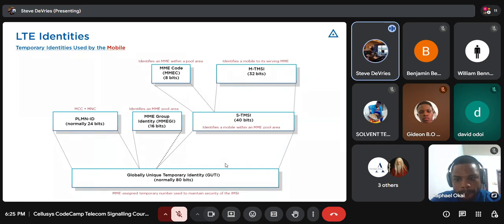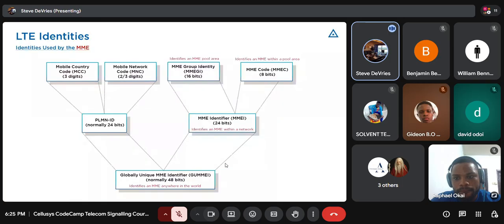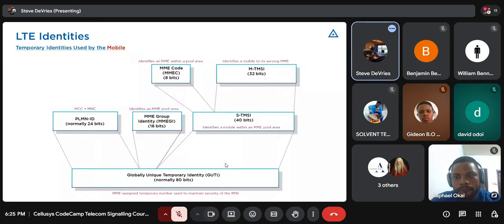And it's just a 32-bit number. Kind of the same thing here, but it gives you this GUTI. The GUTI is your globally unique temporary identity. So now you're known by GUTI, and instead of giving out your IMSI, who you really are, you get that GUTI. So again, there's identities for the MME and there's identities for the mobile.